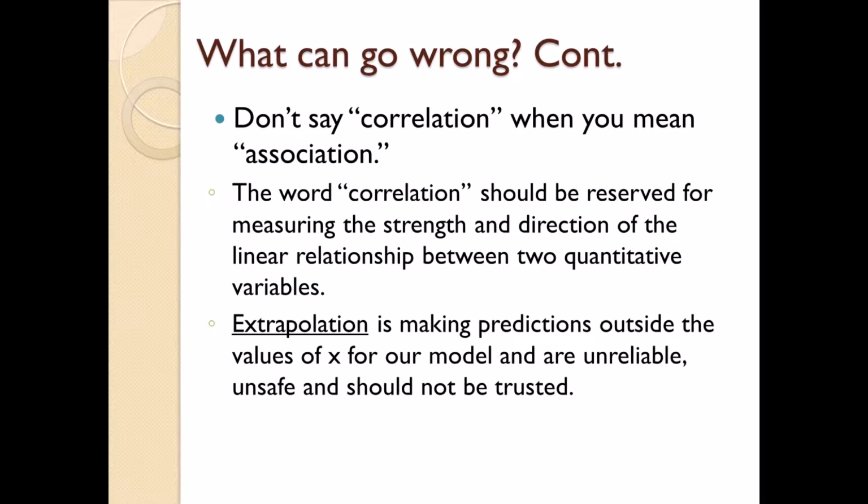So if you're going to make predictions based on any kind of model that you develop with a set of X values and you start predicting beyond that set of X values, you're asking for trouble. Now, if you want to make predictions within that domain of X values, then you're probably in pretty good shape.